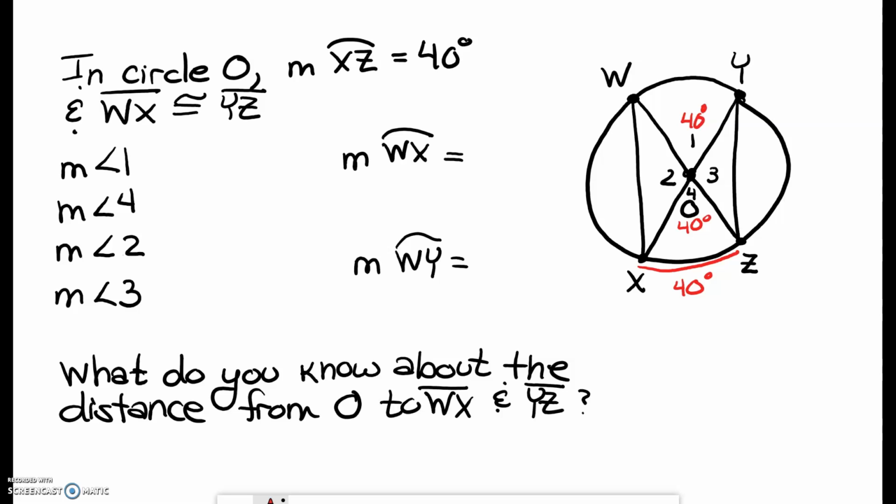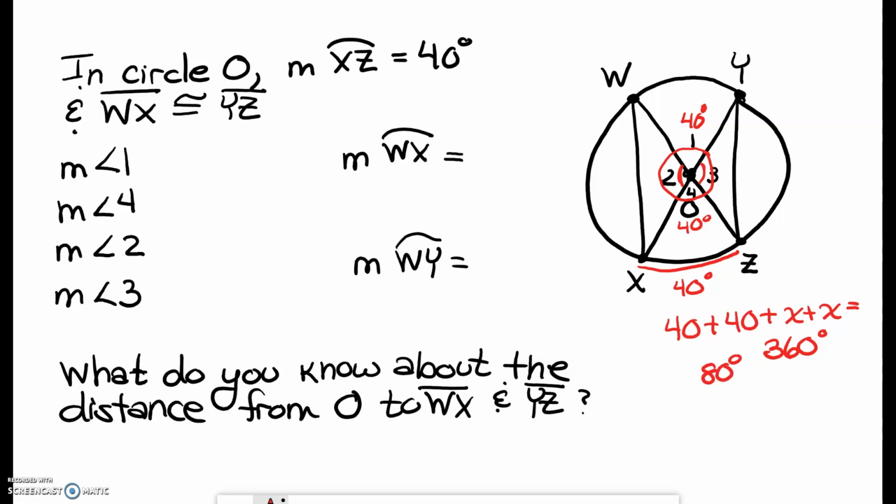I know that all the angles in a circle, if I go around this circle, must add to 360 degrees, but I also know that 2 and 3 are vertical angles, so they're congruent. So 40 plus 40 plus, let's call angles 2 and 3 X and X, has to equal 360 degrees.